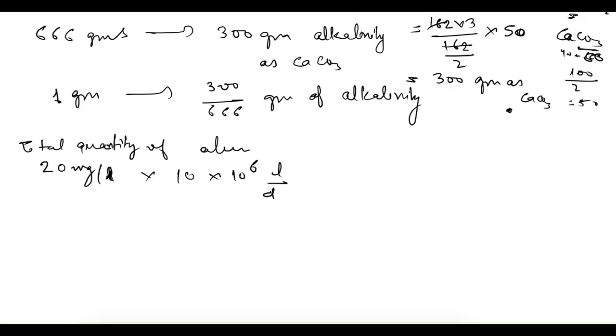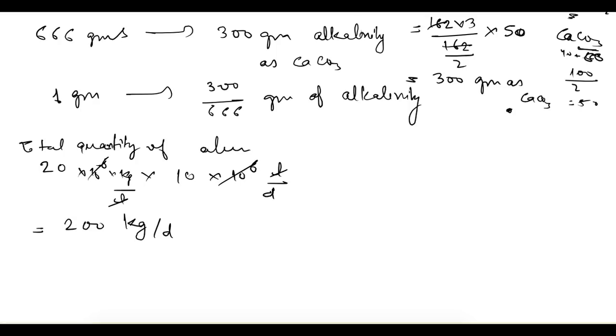If you convert this, we can write it as 20 into 10 to the power minus 6 kilograms per liter. So the liter will cancel out, and the total quantity of alum required is 200 kilograms per day.